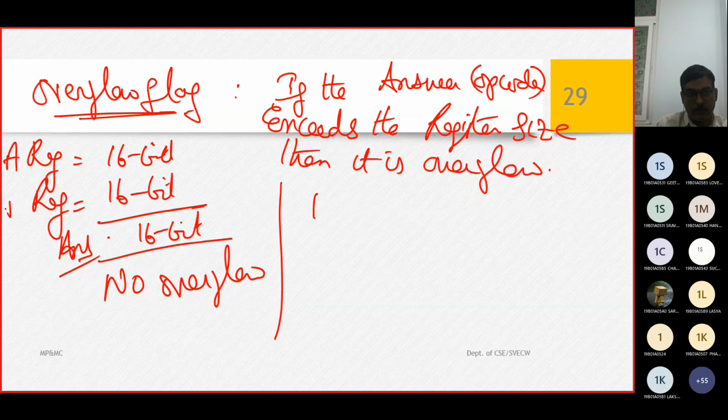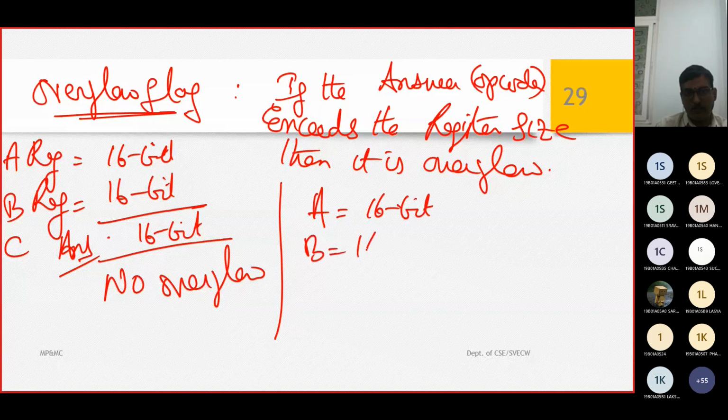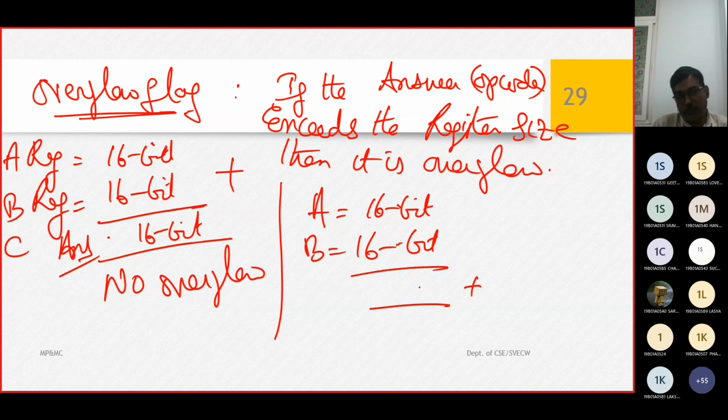Register A, register B and register C. Now register A was 16 bit. Register B was 16 bit. Now you have performed an addition operation.